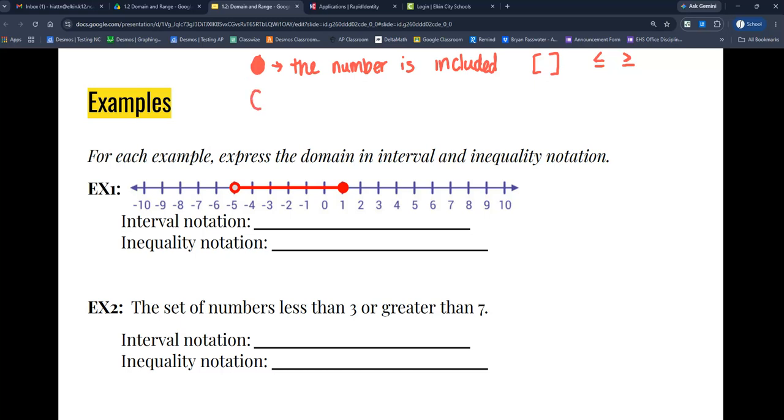If you have an open circle, if the middle of it's not filled in, then the number is not included. So this is going to be like parentheses, or you're going to use less than or greater than signs, no or equal to with those.